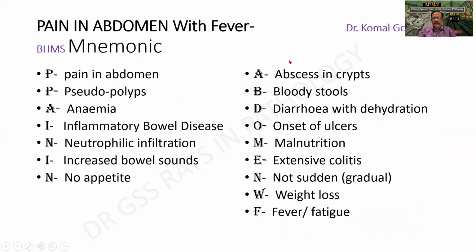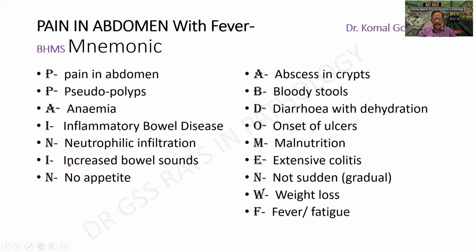A mnemonic that I had picked up from this source, I would like you to kindly rehearse it. Pain in abdomen with fever. Pain: P for pain, P for pseudopolyps, A for anemia, I for inflammatory bowel disease, N for neutrophilic infiltration.